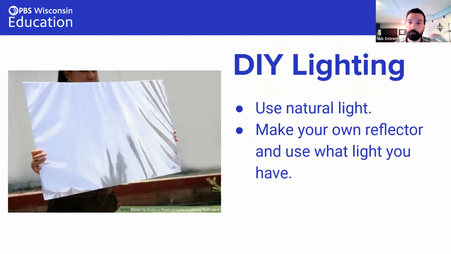Try to get natural light, whether it's outside or near a window. If you're filming a person, have them face the window, otherwise you get that weird effect where it's a shadow if the window is behind them. Basically, you want the light source to be behind the photographer, the person filming, over their shoulder. So the light is onto the person being filmed or the object being filmed, whatever it is.